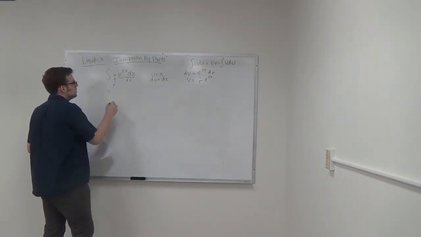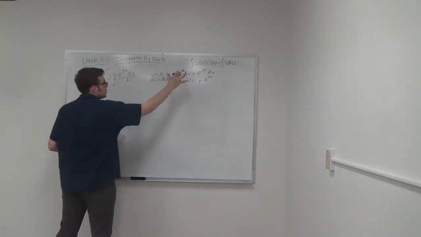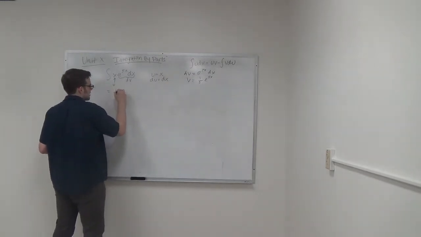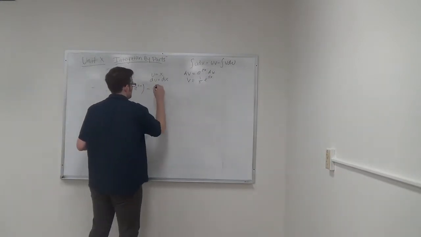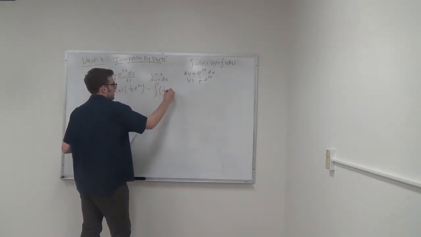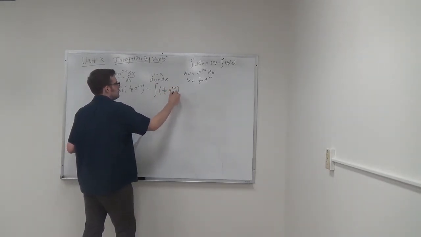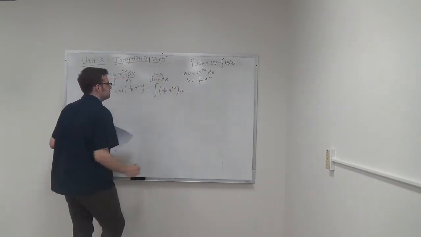So our new expression. This is equal to u, x, times v, 1/5 e to the 5x, minus the integral of v, 1 over 5 e to the 5x, times du, dx.